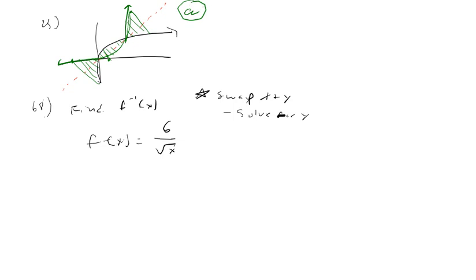If we start with y equals 6 over root x, my swapped equation is going to be x equals 6 over square root y. And we have to get the y by itself now. Okay?